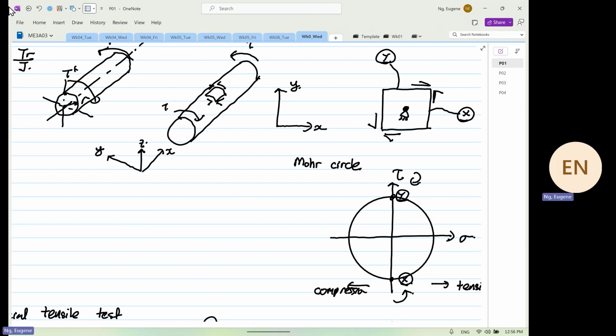Okay, now watch this. Now we are going to use Mohr's circle to predict the orientation of the fracture. The other chalk, don't do anything with the other chalk.